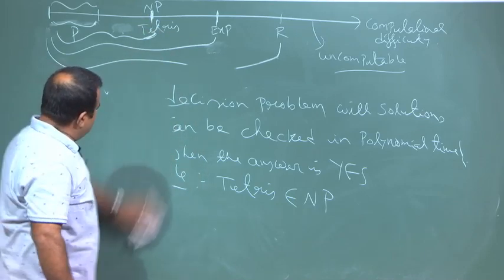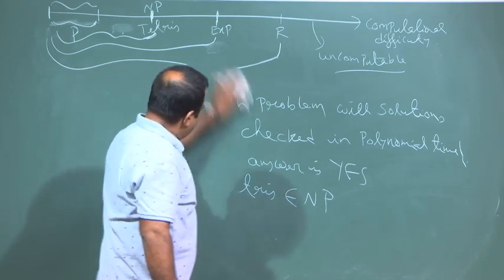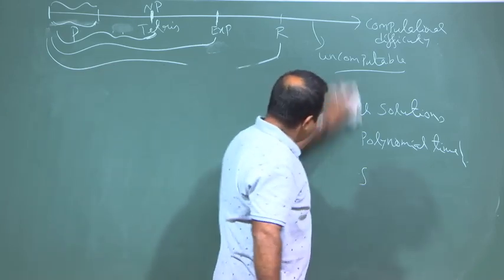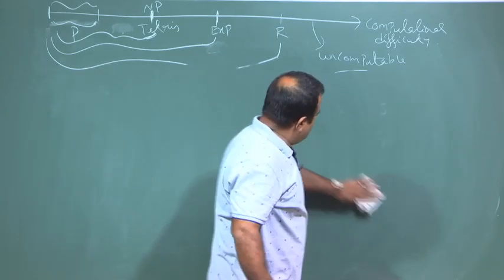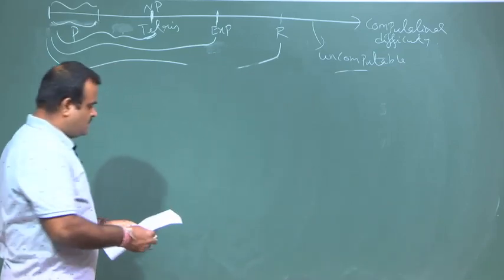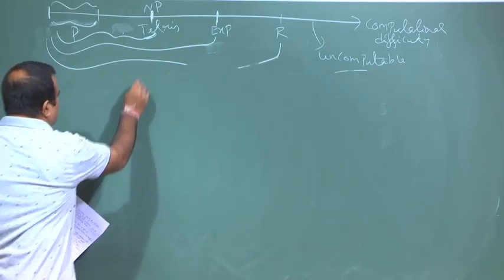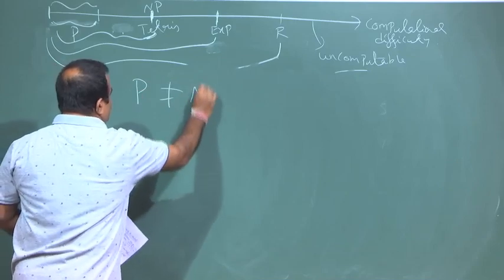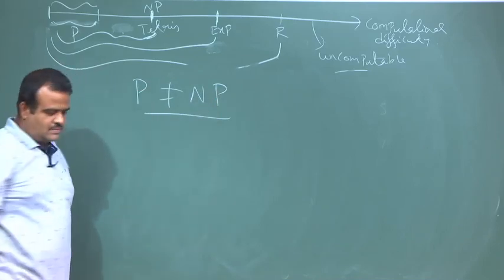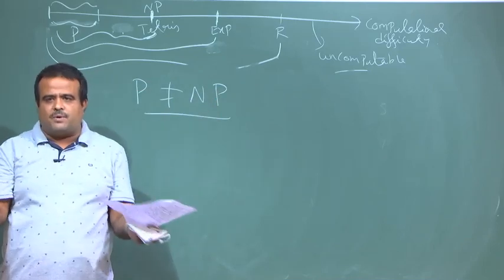Now we want to see, there is a conjecture that P is not equal to NP. So, NP is a harder problem, right?